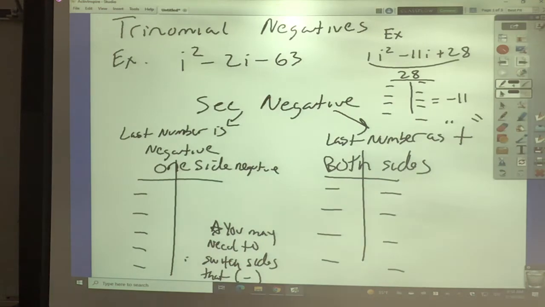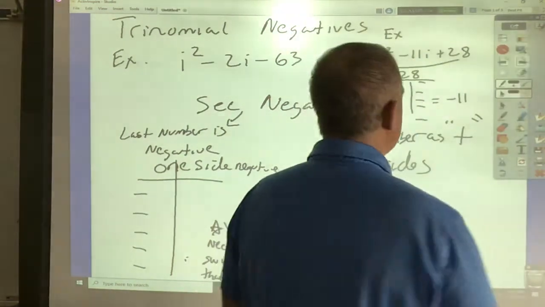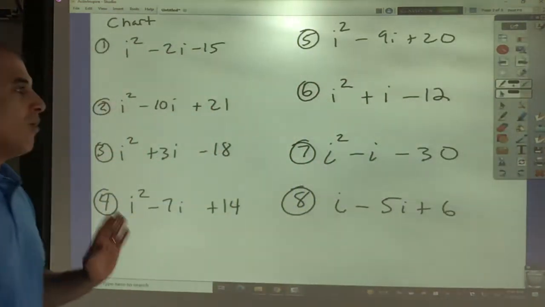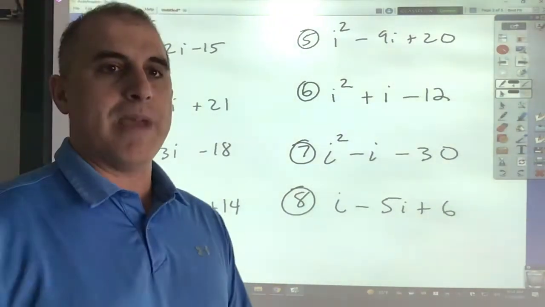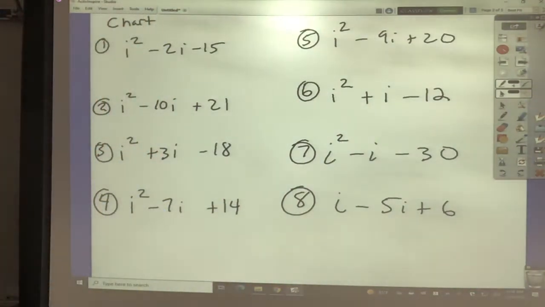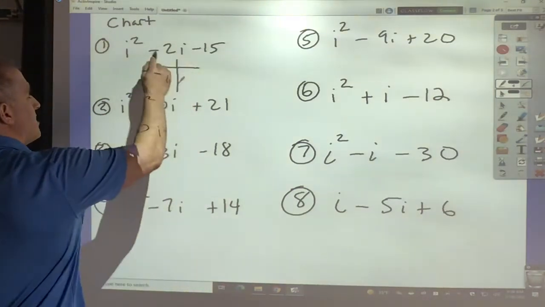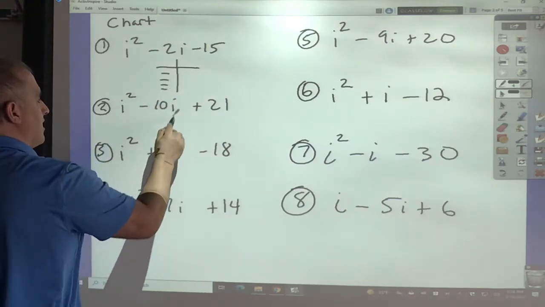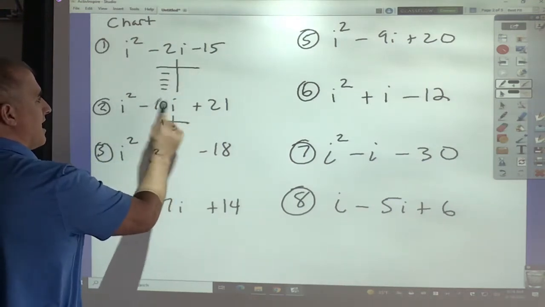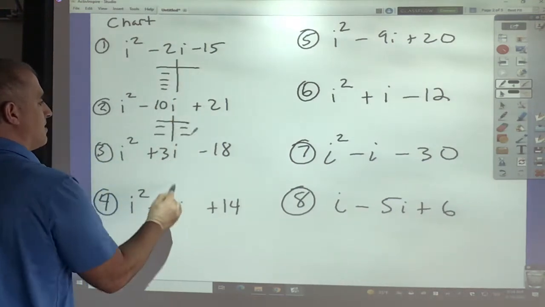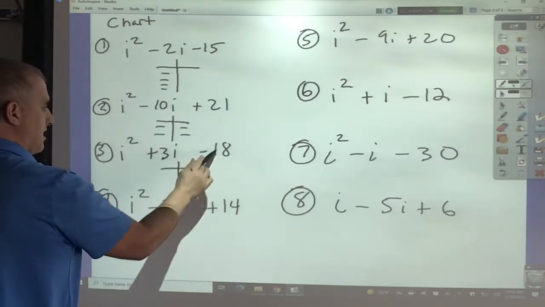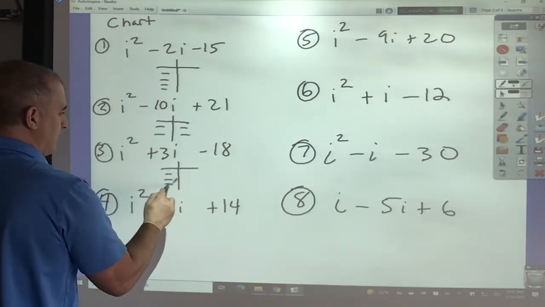If you're just watching this, take a minute and write down how many sides would be negative. So pause your video. Now, this one, negative, one side, so I'd have one side negative. This one, negative, but this is positive, so both sides would be negative. I see a negative, and that number is negative, one side.